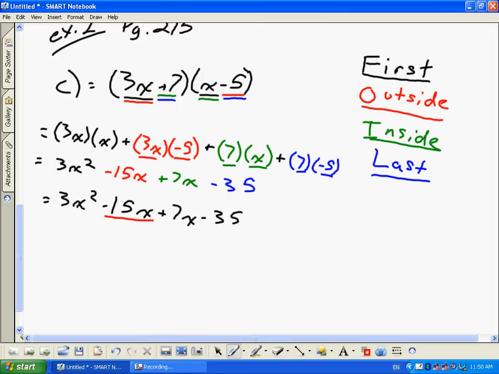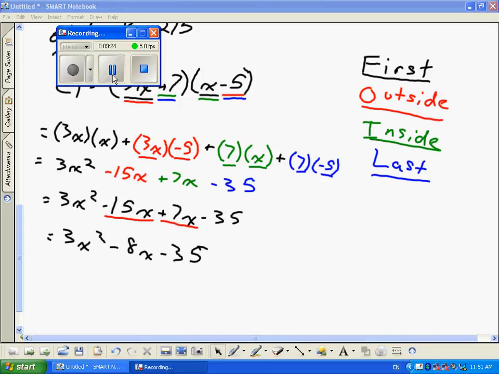Negative 15x and positive 7x can be combined. Negative 15x and positive 7x together, negative 8x. So our final polynomial is 3x squared minus 8x minus 35. That would be our final answer to this.